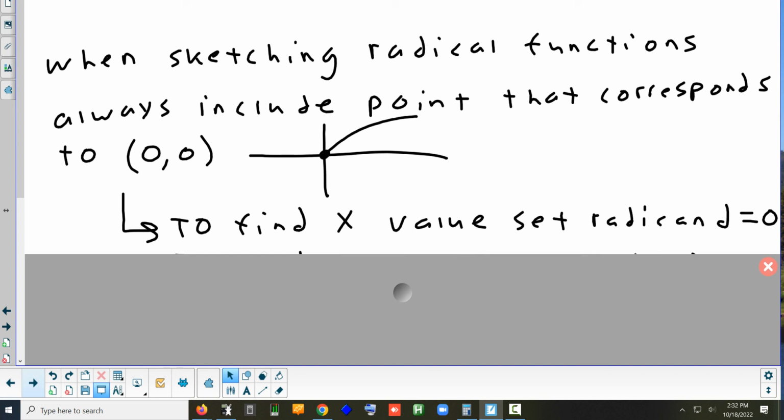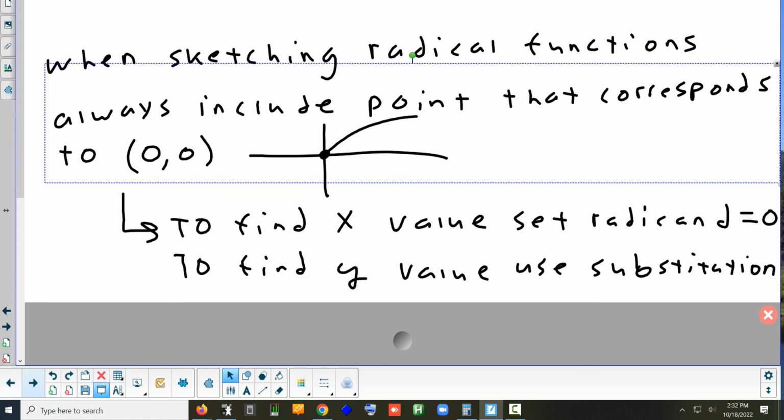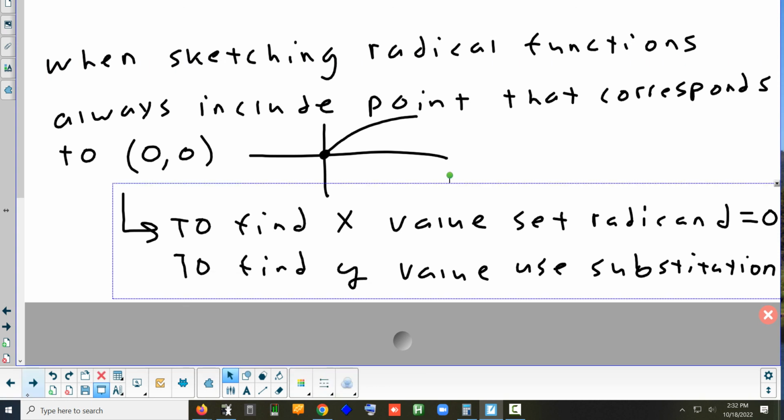How do you find the point that used to be at the origin? Well, a coordinate has two values to it. It has an x value and it has a y value. To find the x value, take the radicand, that's the thing under the root, set it equal to 0. That will give you the x value.